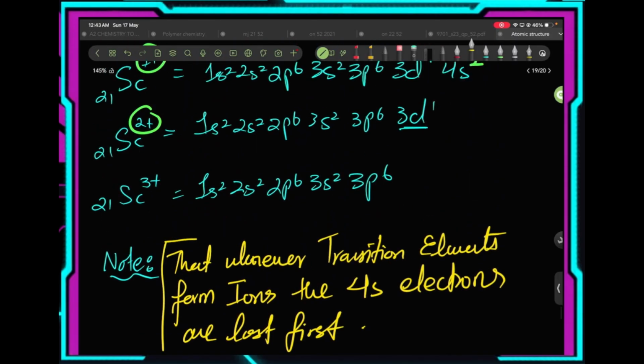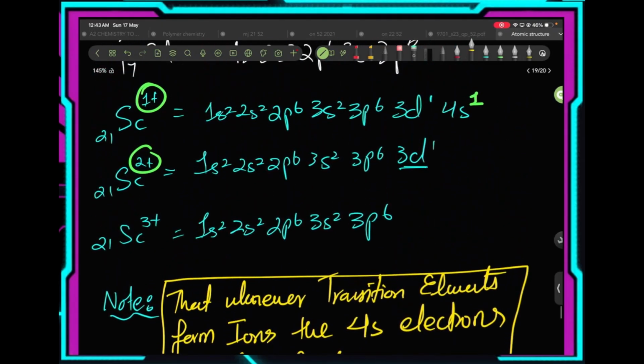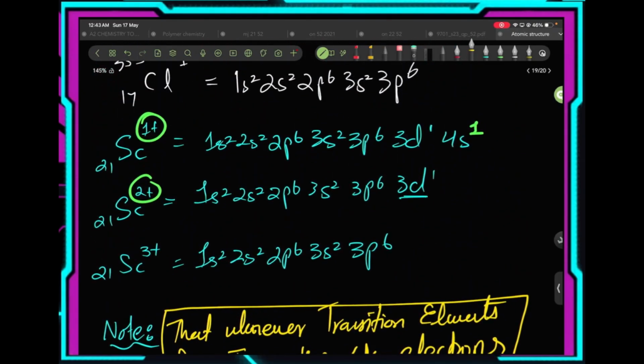Just remember this note if you want to do it directly. But I do not suggest doing it directly because you will make a mistake and you do not want to make mistakes. These are free marks in your paper if you have to write the electronic configuration. Just be careful with it and you score the mark.